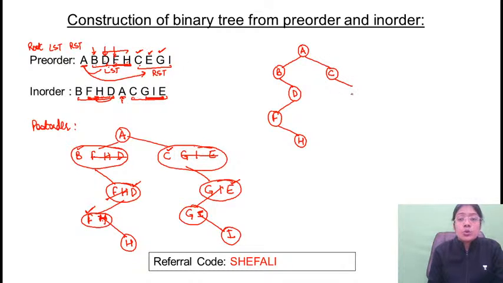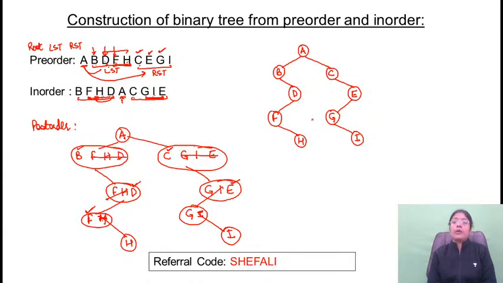E is coming first. So E is the next element. Now the remaining two elements are on the left. Among G and I, which one is coming first? G is coming first. So we got G here, and then I is present on the right of G. So anyhow, you got this tree. Right? So directly also you can write.